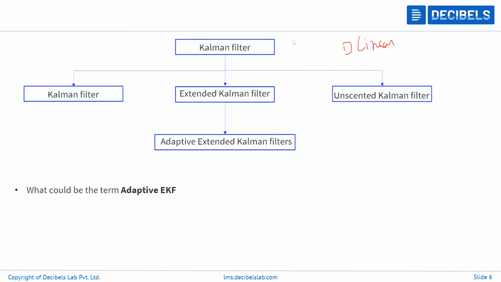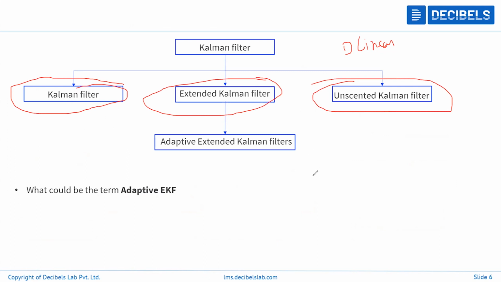This you can take as the linear Kalman filter, then the extended Kalman filter and the unscented Kalman filter. These further extended and unscented filters come into play when the system is non-linear. When the system is linear, you can use the simple Kalman filter.